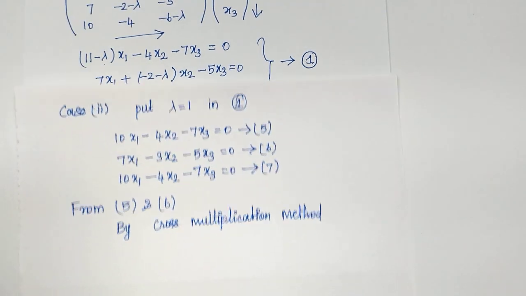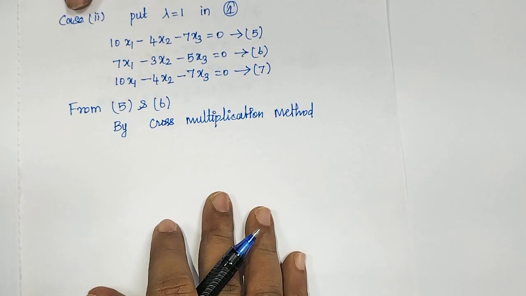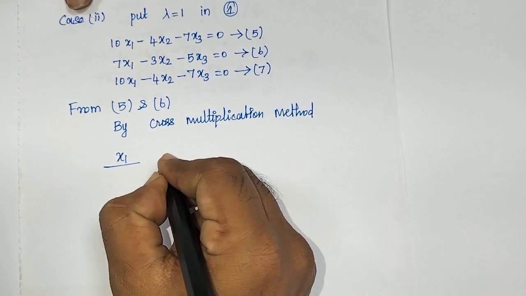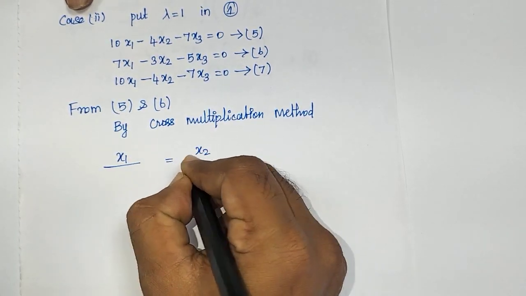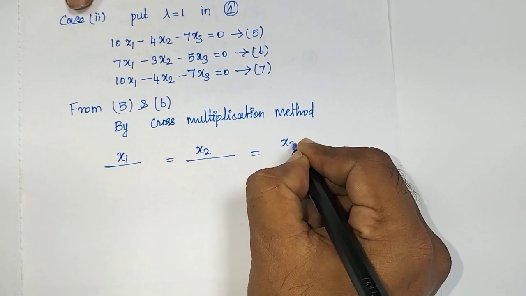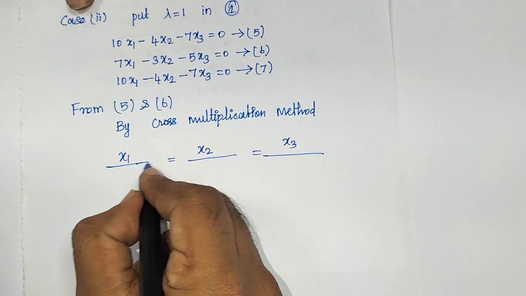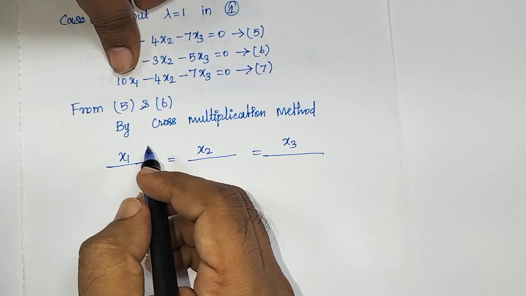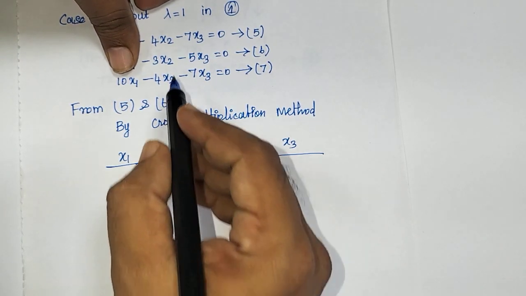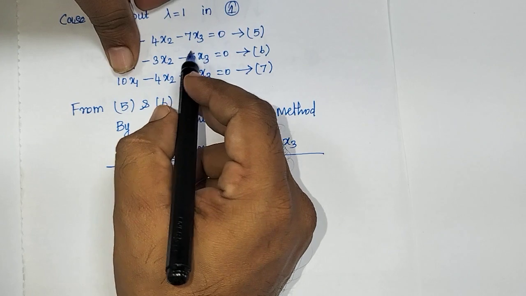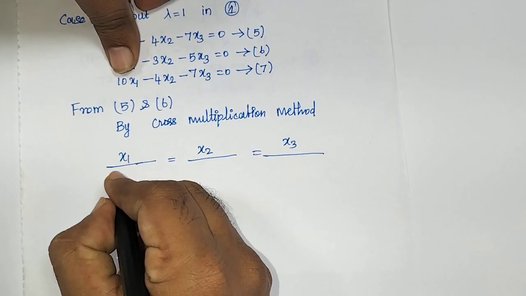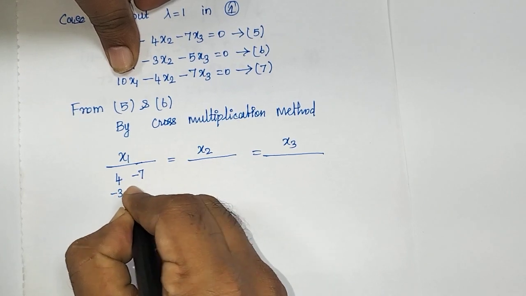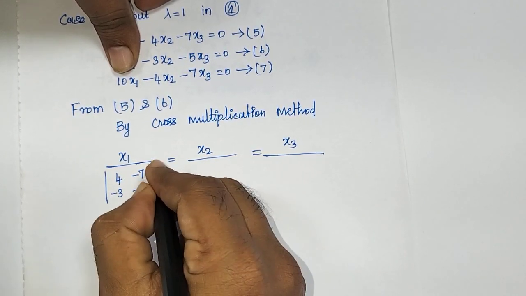So now I'll find x1 divided by, x2 and x3. So first I'm going to find x1. For x1, from equations 5 and 6, omit the x1 coefficient. Remaining, the x2 and x3 coefficients you can write in determinant form. So you will get minus 4, minus 7, minus 3, minus 5 in determinant form.